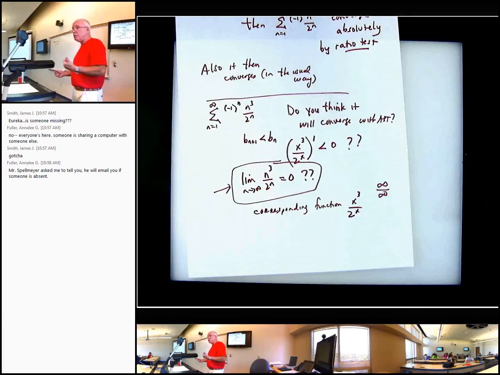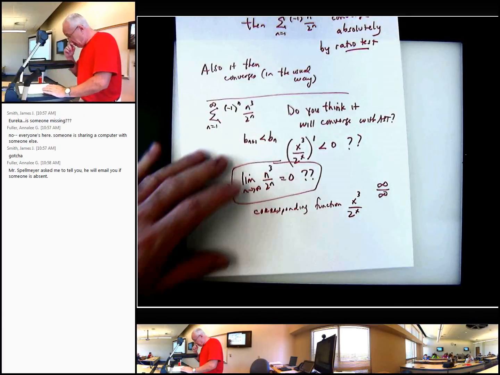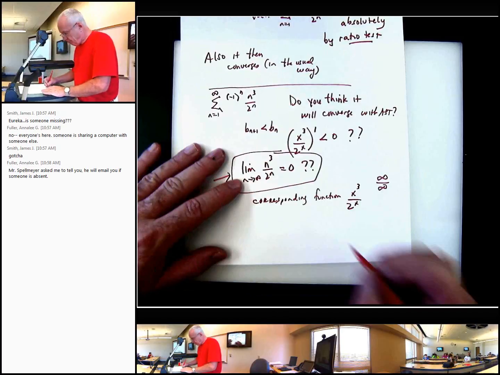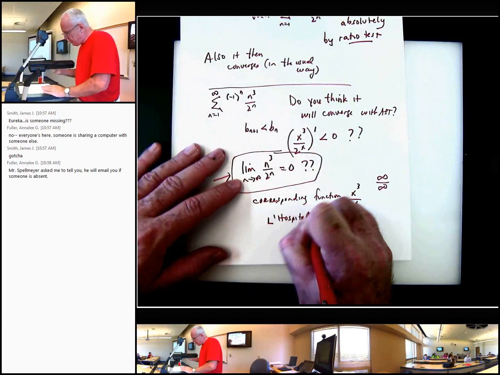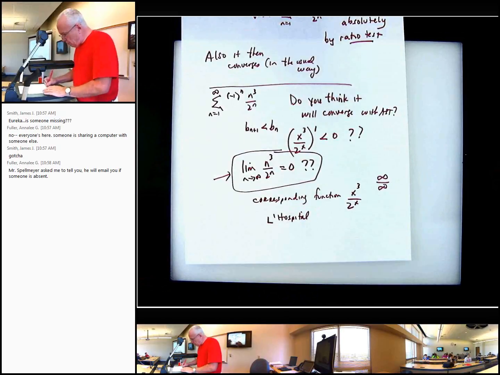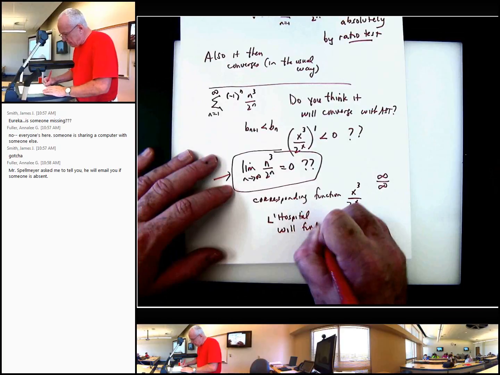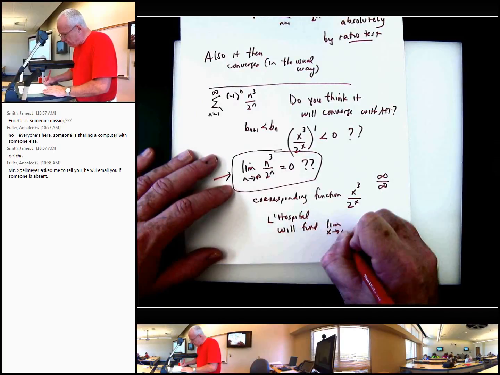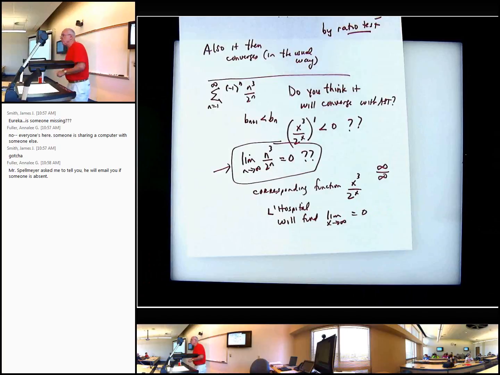We can use L'Hopital's rule, and we will find out that it's 0. I think we have to use L'Hopital's rule a couple of times in order to do this, but we will find that the limit as x goes to infinity will equal 0 using L'Hopital's rule. All right?